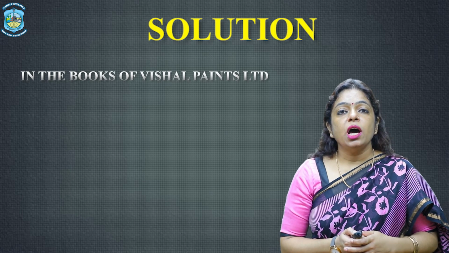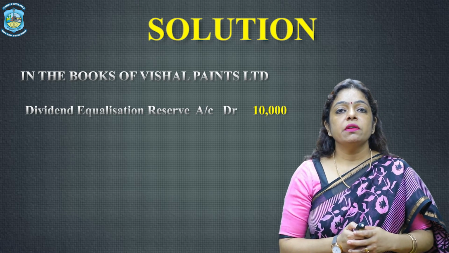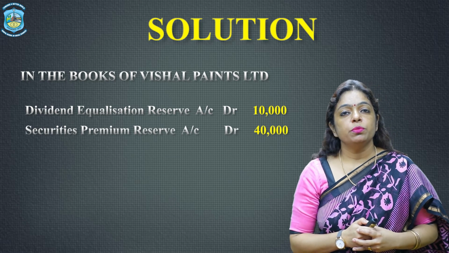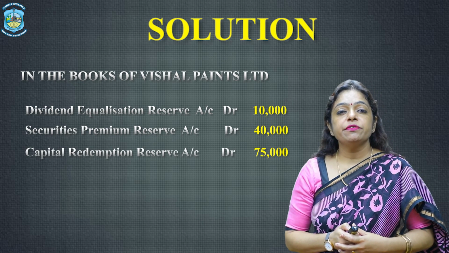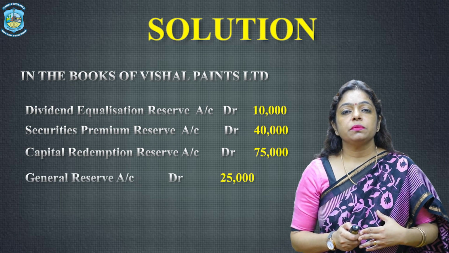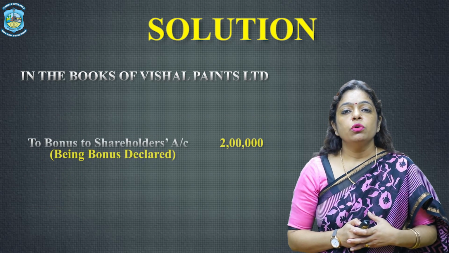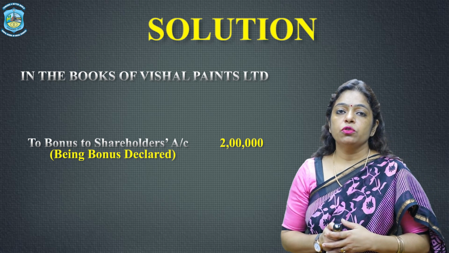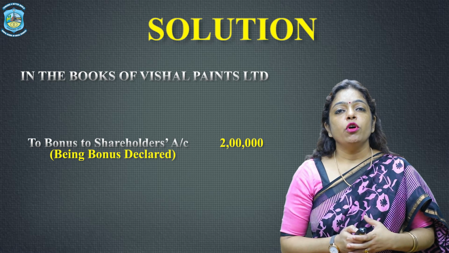In the books of Vishal Paints Limited, the first journal entry would be dividend equalization reserve account debit 10,000, securities premium reserve account debit rupees 40,000, capital redemption reserve account debit 75,000, general reserve account debit 25,000, surplus rupees 50,000, to bonus to shareholders as given in the question, amount is 2 lakh rupees being bonus declared, and this bonus would be paid in the form of equity shares.